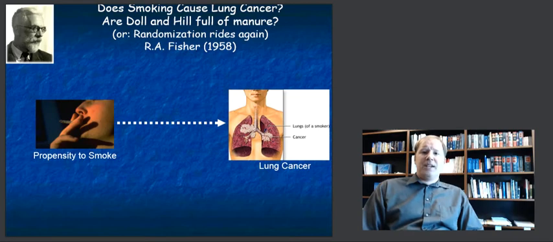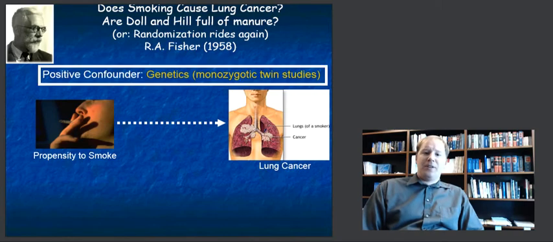Well, this didn't please everybody, and in fact, some people threw up their hands and objected, namely our good old friend R.A. Fisher, the statistician who had invented randomization back in 1923, who rode to the rescue again of randomization and experiment in 1958. He published a study where he pointed out the following: if the proposed relationship is that a propensity to smoke causes lung cancer, he decided to look at studies of monozygotic twins, identical twins.